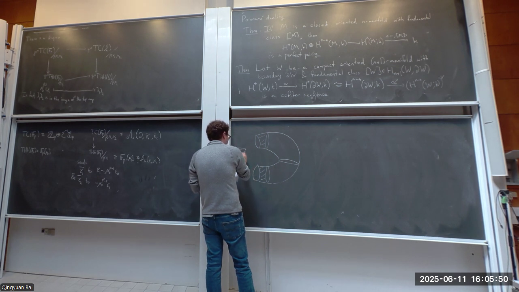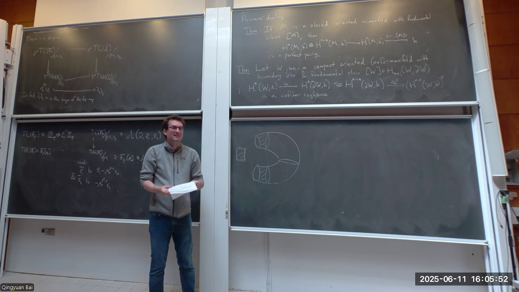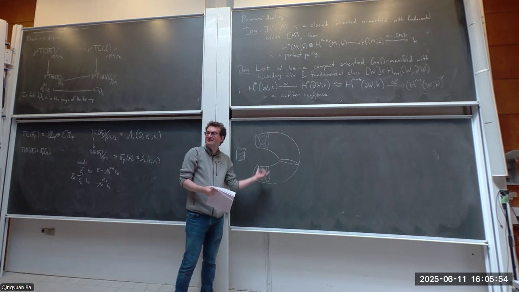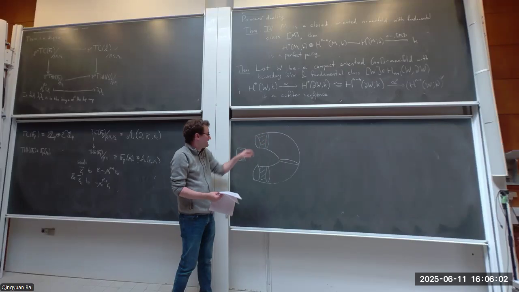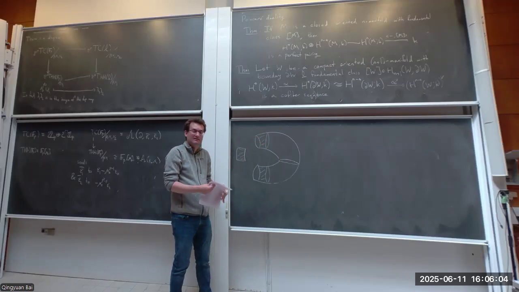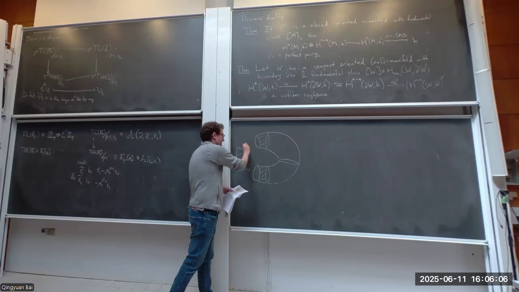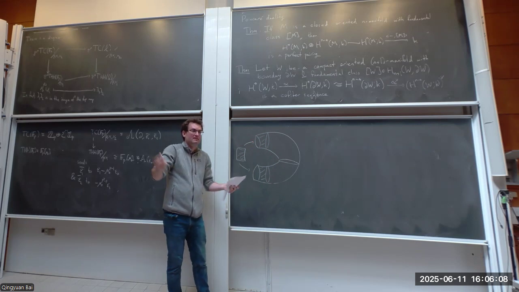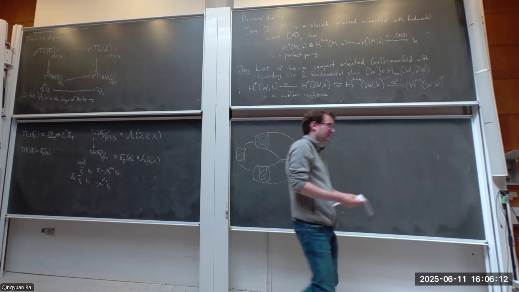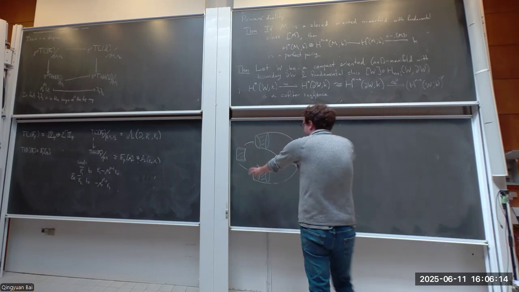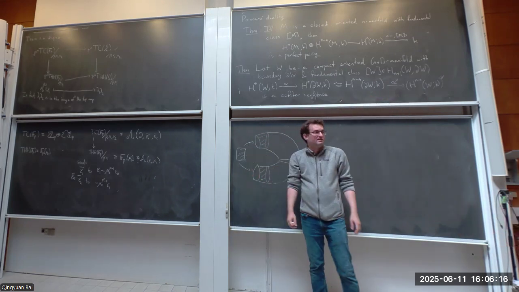My ability to draw cartoons may be questionable. I'm drawing a donut with two cylinders, right? And then there's a single cylinder here. And one way in which I could get a torus is by just taking these two cylinders and gluing them together via two maps from the cylinder into the bigger cylinder. So we could imagine just using these two maps, gluing their images together and getting a closed manifold.